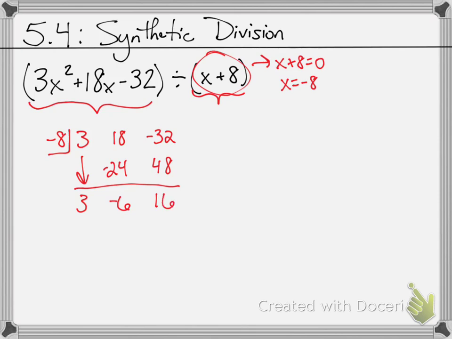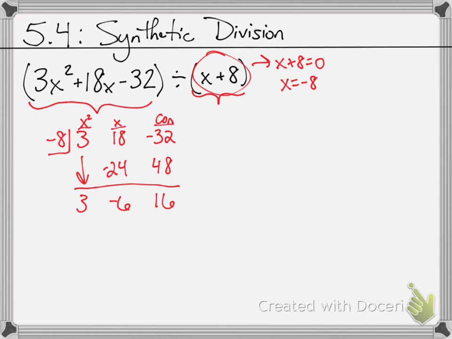So what do all these numbers mean? Well, when we divide this out, what essentially happens is this. The original problem had an x squared, an x, and a constant. What ends up happening is everything is reduced by a degree of 1. I'm going to use CON here to abbreviate constant. So we had an x squared, an x, and a constant.